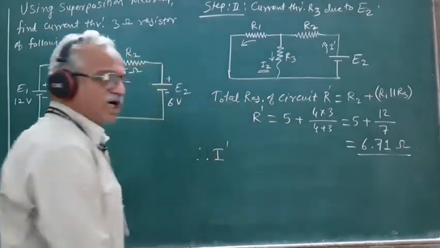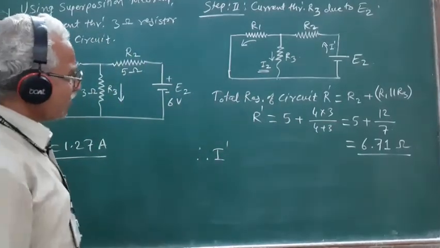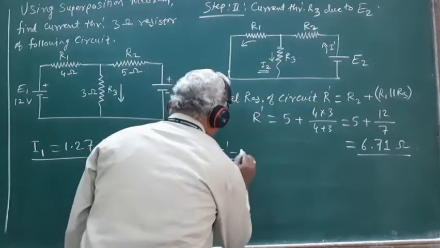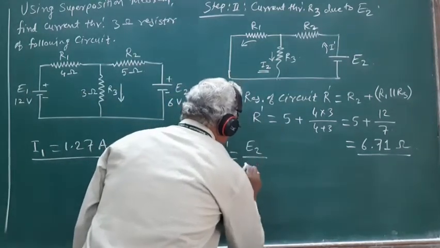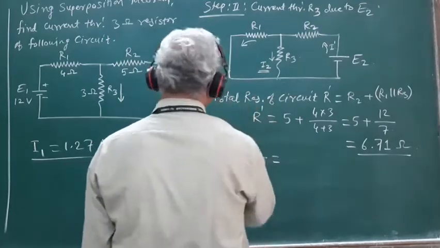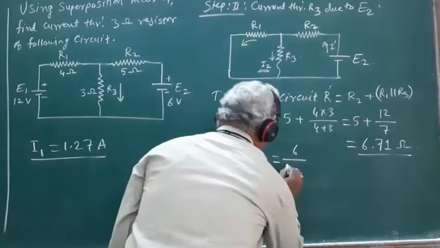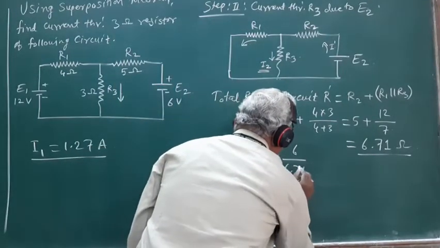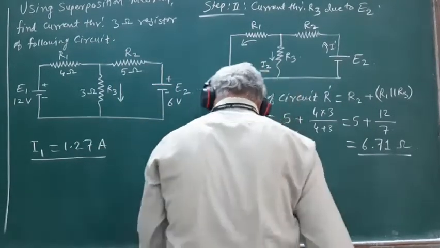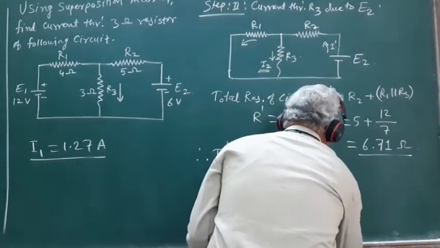The total current I prime sent by the source E2 in the absence of E1 will be equal to E2 divided by R prime, and this is equal to E2 is 6 volt divided by R prime is 6.71 ohm. So this works out to be equal to 0.89 ampere.